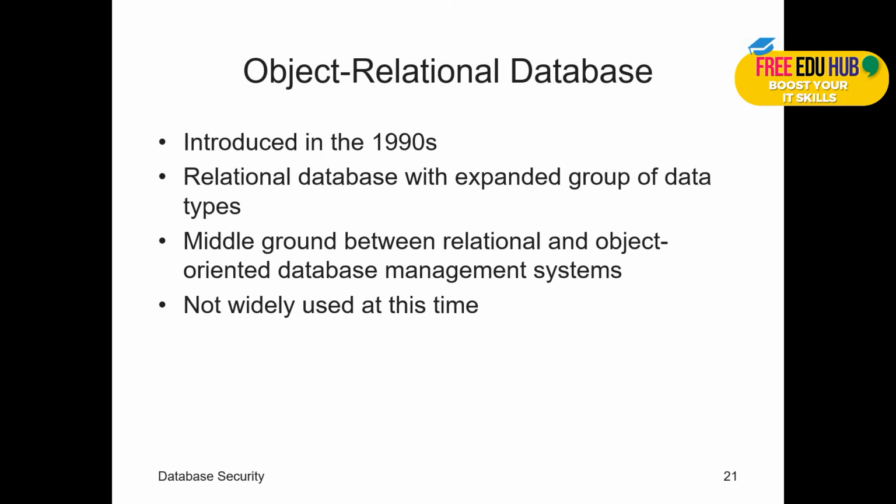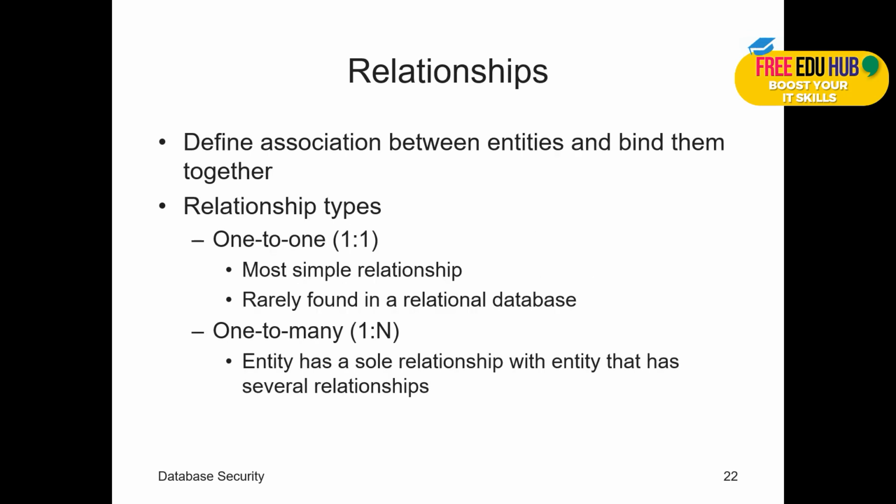In the 1990s, the relational database was expanded into a group of database types, a middle group between the relational and object-oriented database management systems, not widely used at that time. So now, if we want to add any information in the database related to pictures or anything, we can store that information as a reference point.